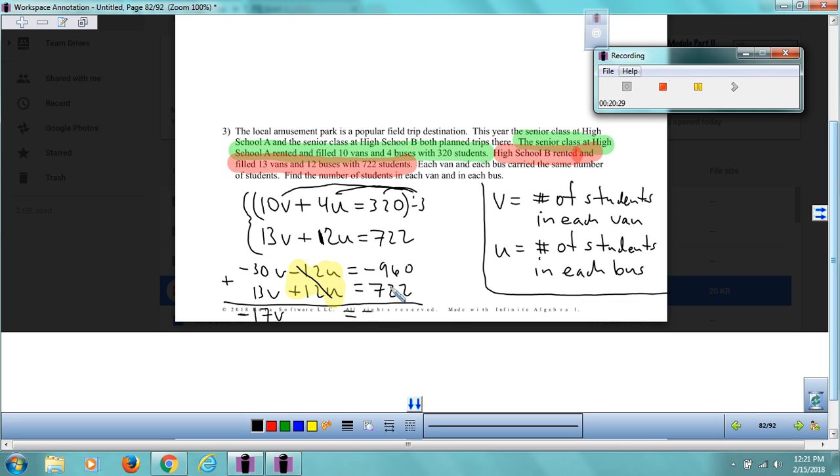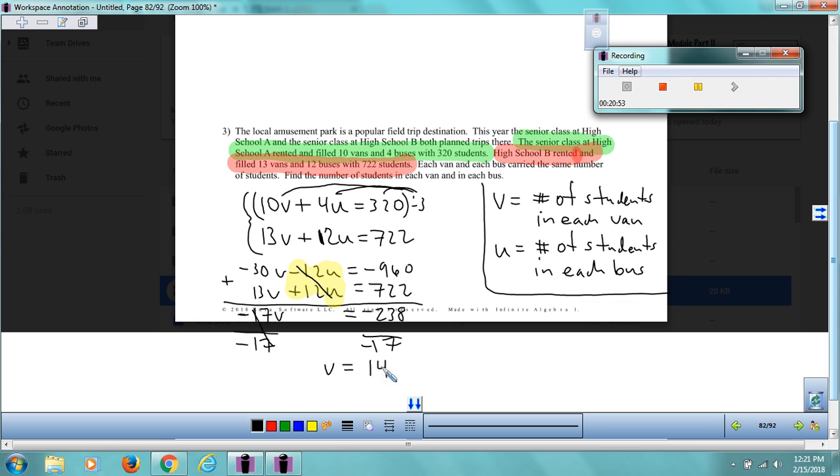Obviously we have more negative also here, and so we get negative 238. And our last step is going to be to divide by negative 17, and you might be shocked to know that those would actually divide evenly. And so 17 will divide into 238 14 times.